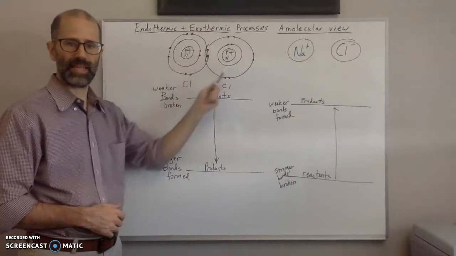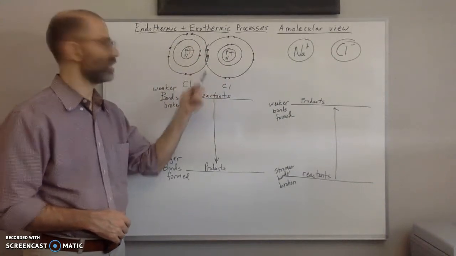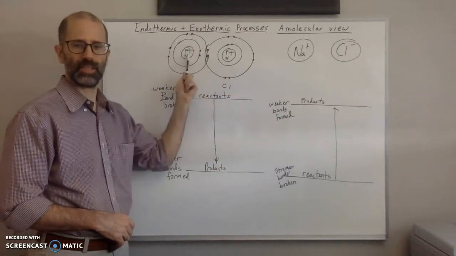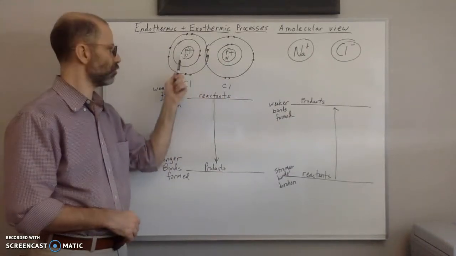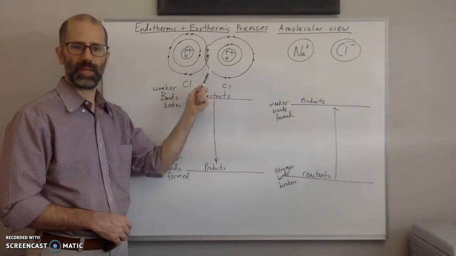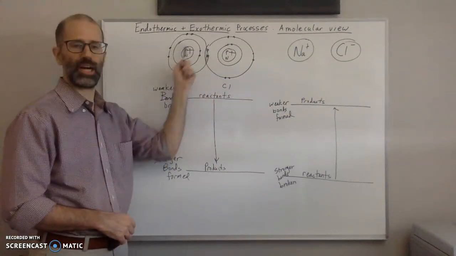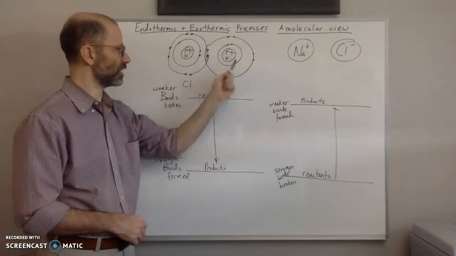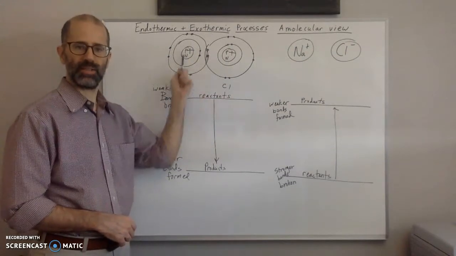Why are they going to stay in this area for the most part? It's because the negative electrons are attracted to the positive nuclei, and the nuclei are attracted to the electrons. So staying in here is going to be the lowest potential energy, and that is what's keeping these atoms together.